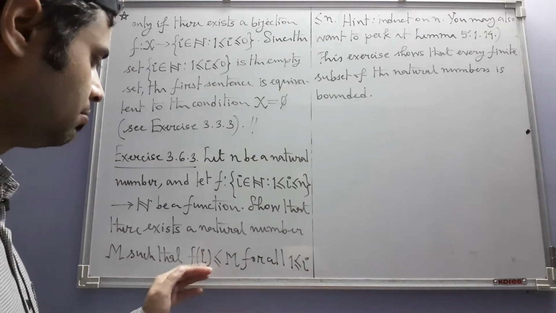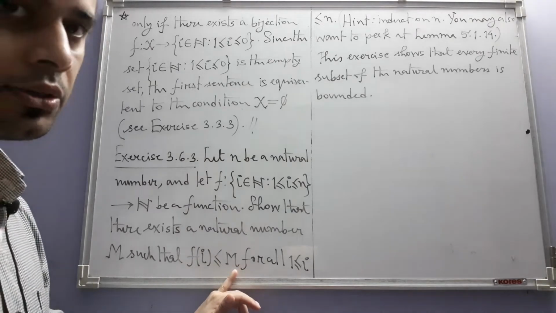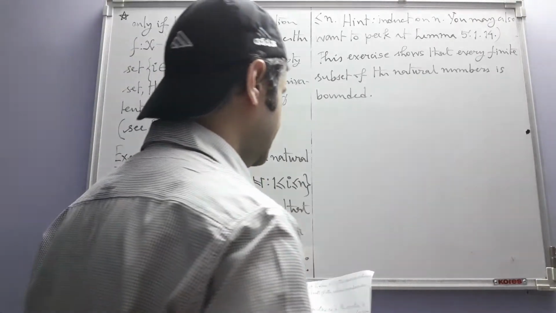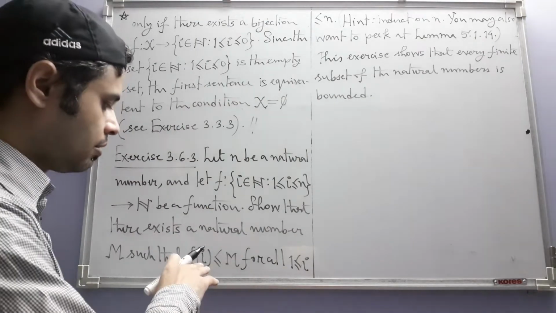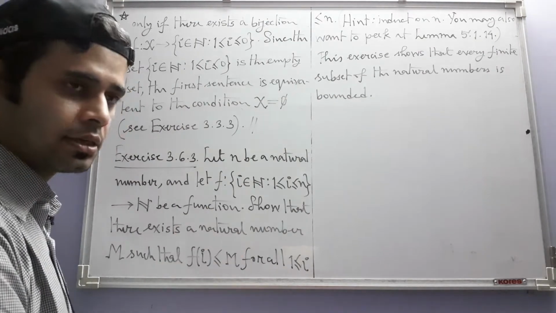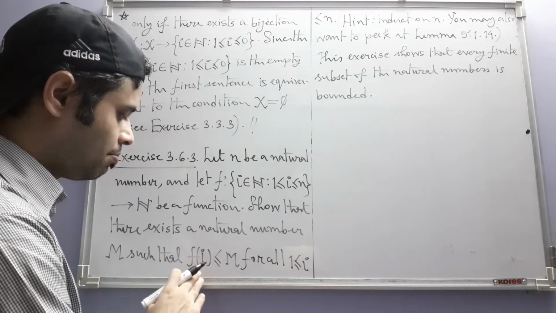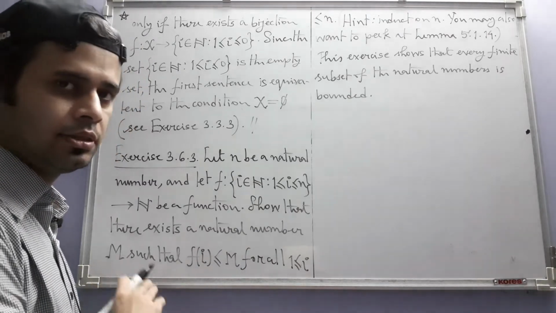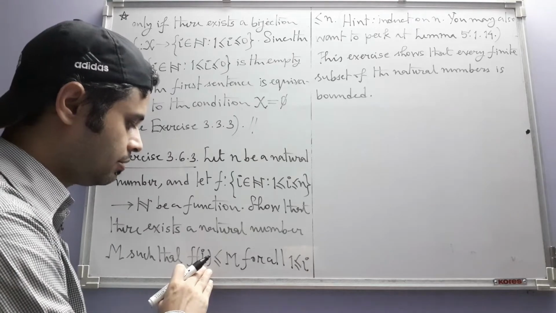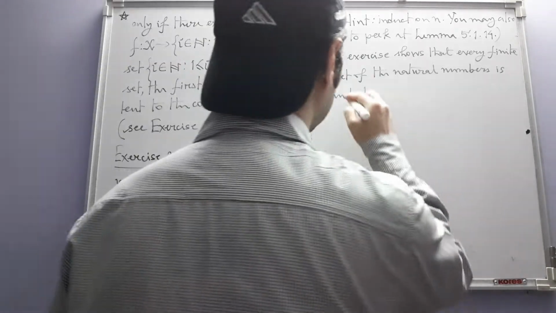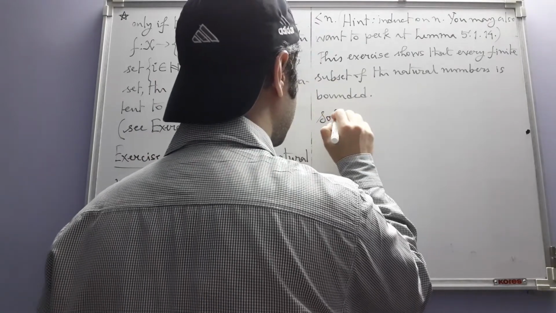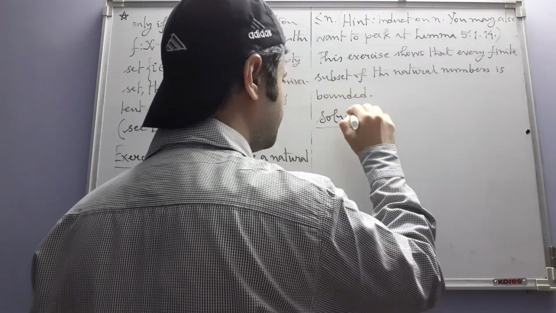This is a bound beyond which the elements cannot go. In that sense, you can see that any subset of the set of natural numbers is bounded from below by 0, because every natural number is greater than or equal to 0. So let us proceed with the solution.